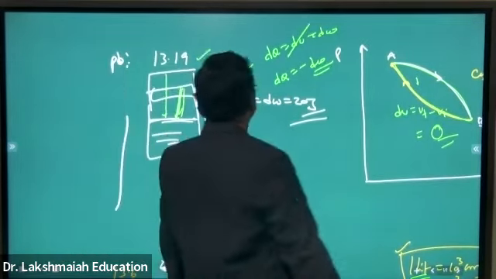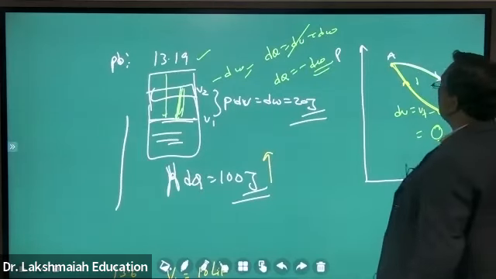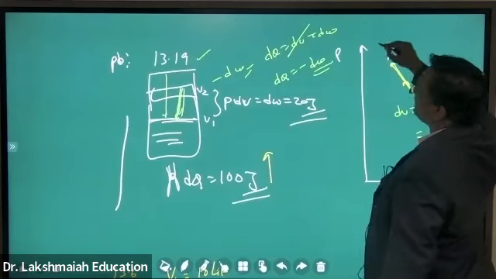Any doubt? Sir, here we can first find dU1 equal to 80 joule, and by that concept dU1 is equal to minus dU2, and by putting values, minus 20 is equal to minus 80 plus dW2. From that we get W2 is equal to 60 joule. No, not like that. Why? If you want to write that equation, you write like this.